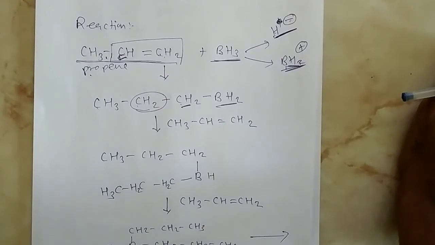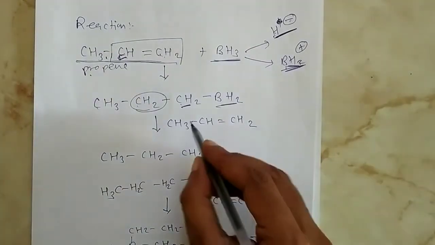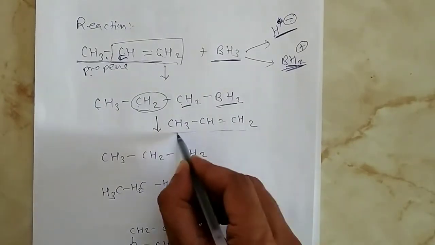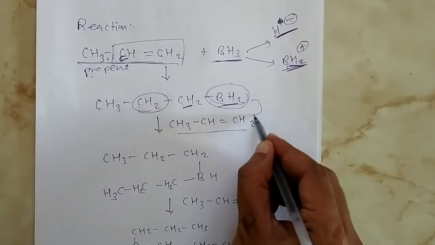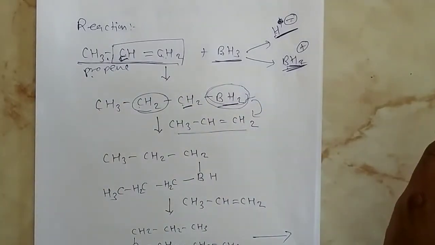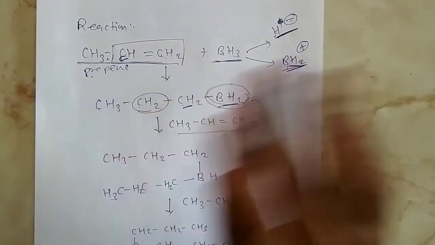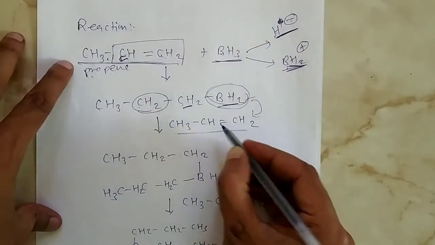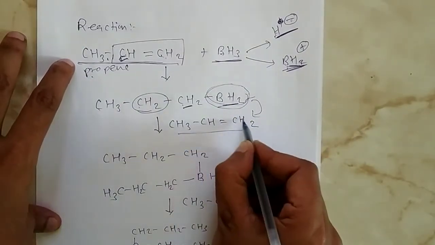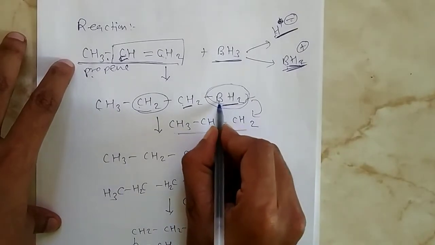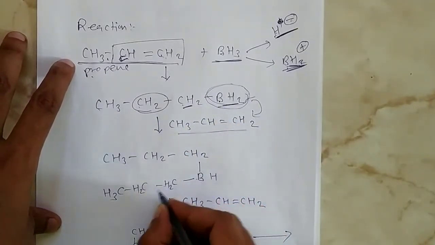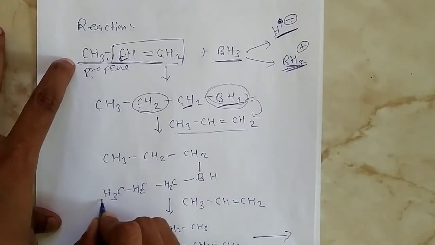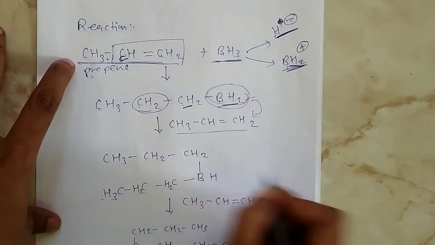Now what happens here? Another molecule of propene will react with this BH2. Again the same method is there. Just add this whole compound to this boron, so CH2 CH2 CH3 will be there. One hydrogen remains.